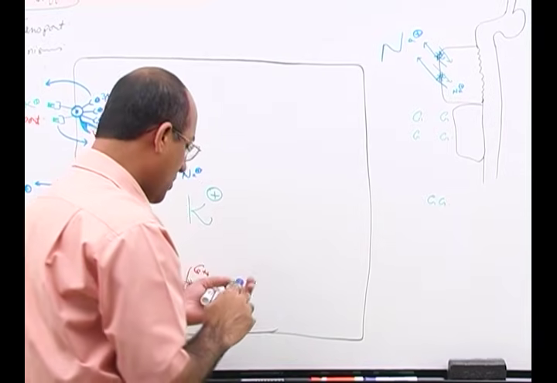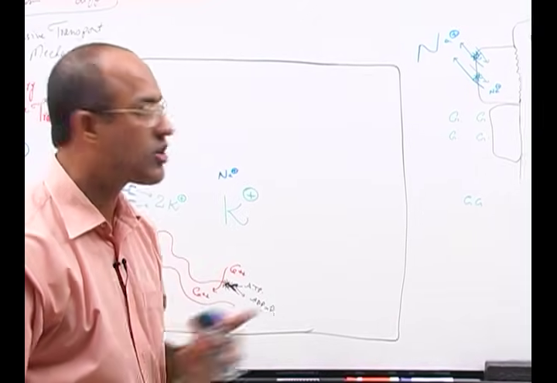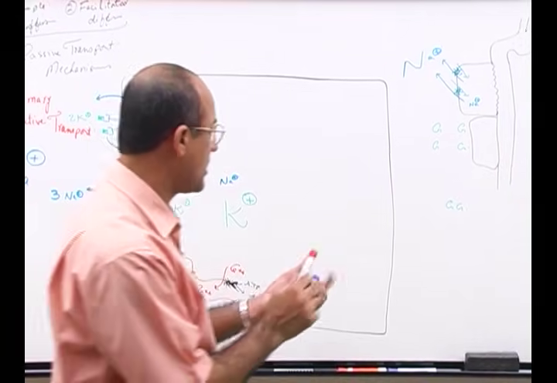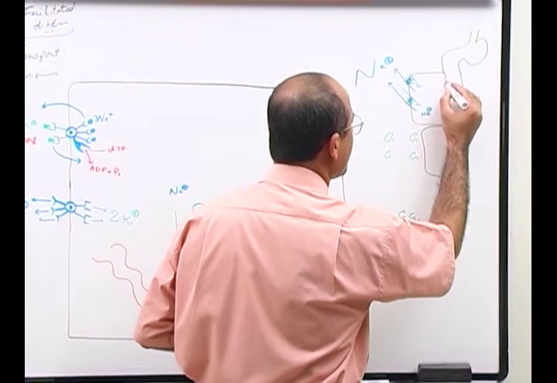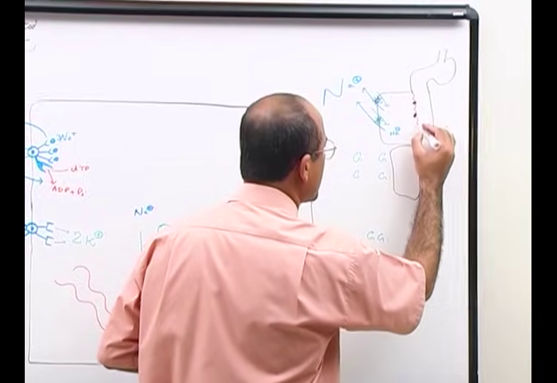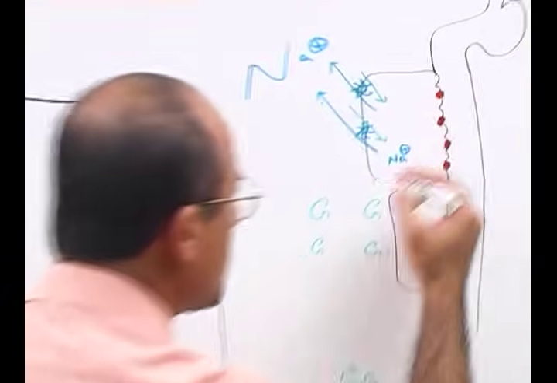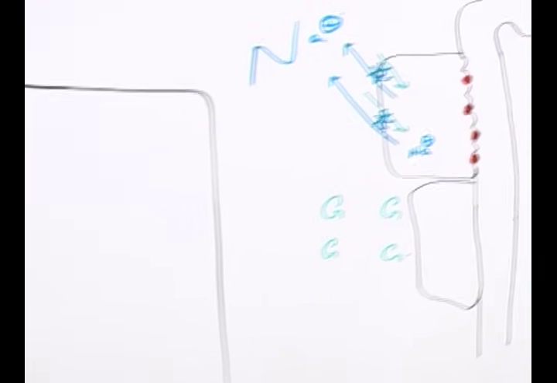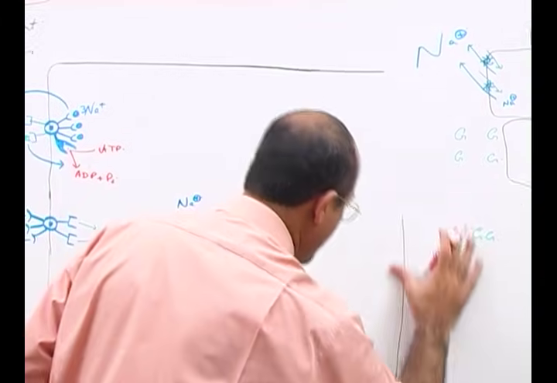Glucose. Now, there are very special type of transporters present on this side. I will draw these transporters here. These are very special type of transporters which are responsible to transport the glucose. Let me make one transporter big here.